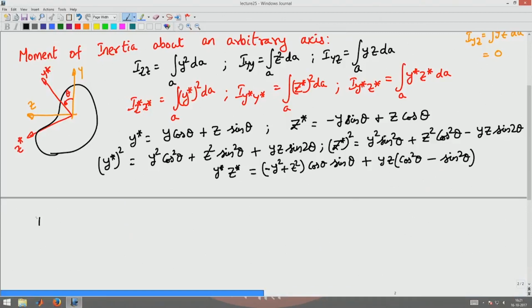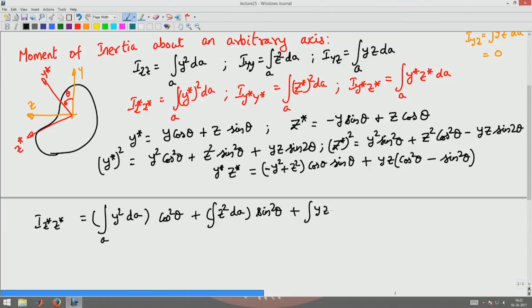Now, what does the expression for I z star become? This will become integral y square dA times cos square theta, plus integral z square dA times sin square theta, plus integral yz dA times sin 2 theta.